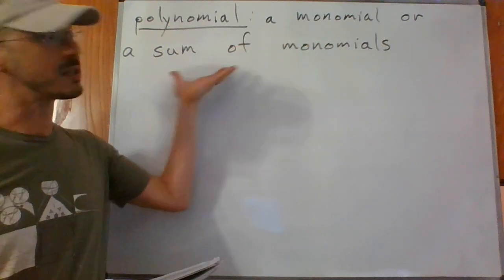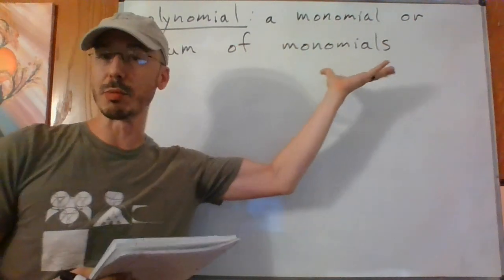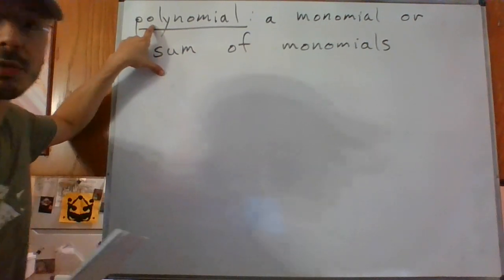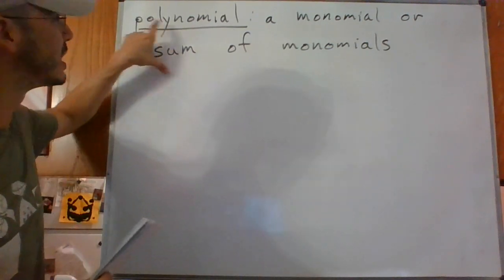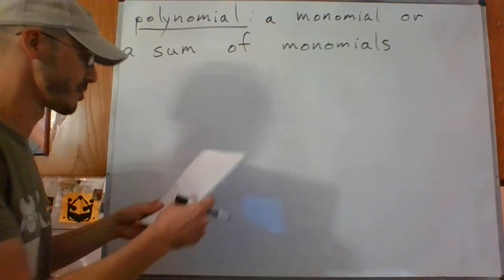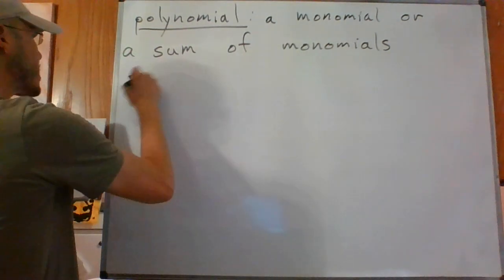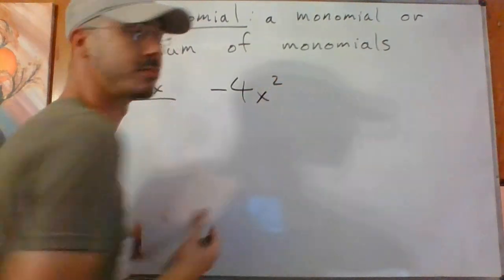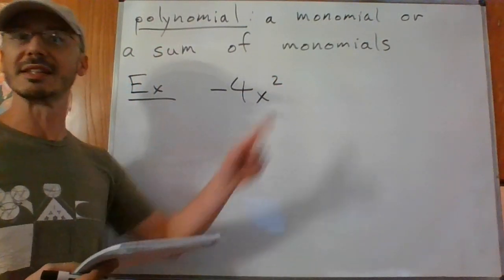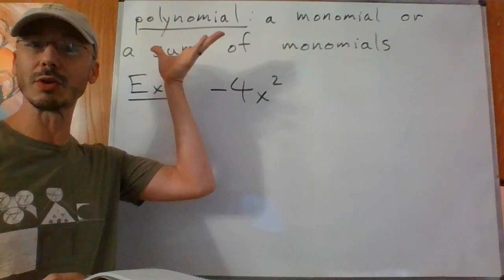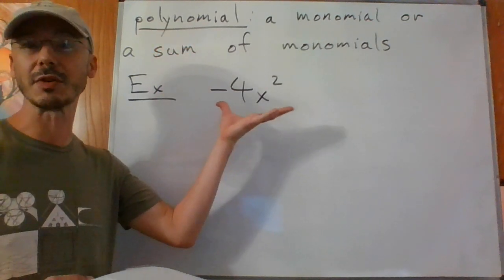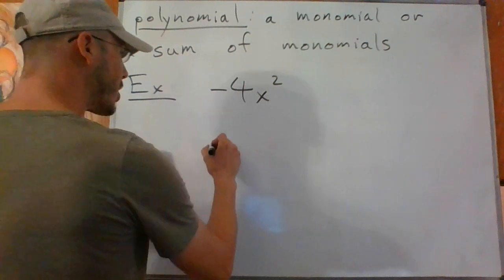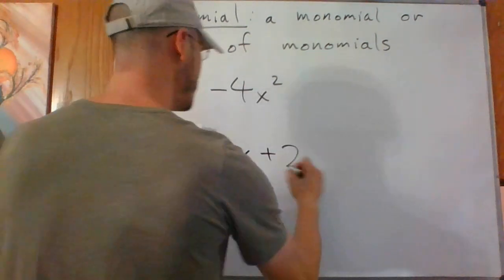Or we can add together different monomials. And that's where that term poly comes from, which means many terms in this case. Here are some examples. First, negative 4x squared. As it says here, a monomial is a polynomial. This is the one that we looked at first, that first monomial. It has one term.